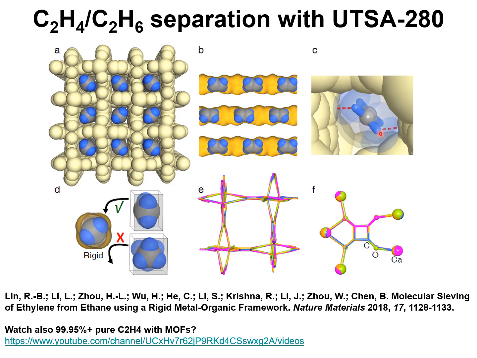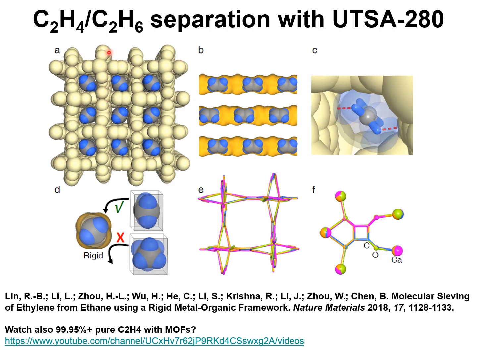The two-dimensional C2H4 molecule can fit snugly within the one-dimensional channels of UTSA 280, whereas this pore shape and pore size is such as to exclude the ingress of C2H6.